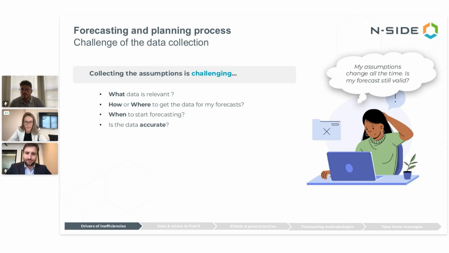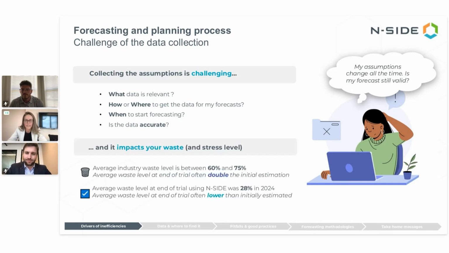And here, I just wanted to share a few statistics with you that you will see are linked to the rest of the presentation. As you can see here, looking at the numbers, on average, typically in the industry, the waste level is around 60% to 75% at the end of the trial.